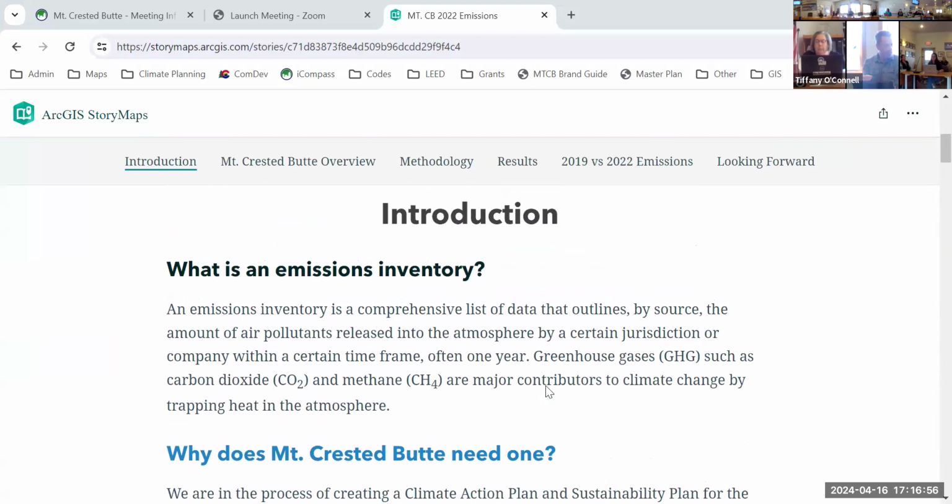So a quick introduction on an emissions inventory. It's a comprehensive list of data that outlines by source the amount of air pollutants that are released into the atmosphere by a certain jurisdiction or a company within a certain time period. Usually it's 1 year.